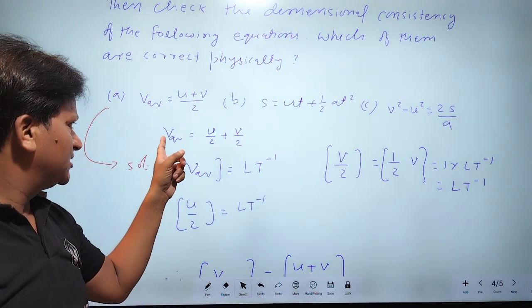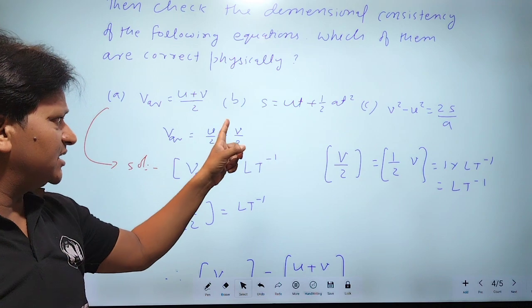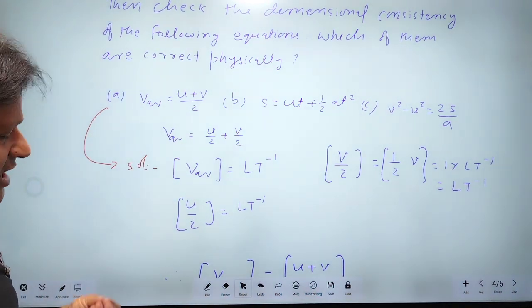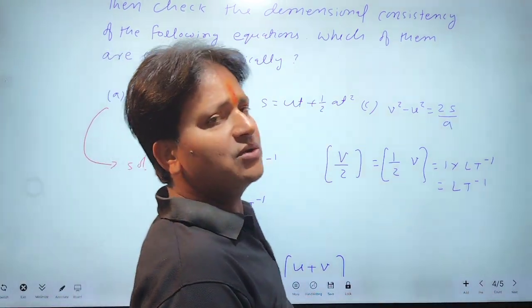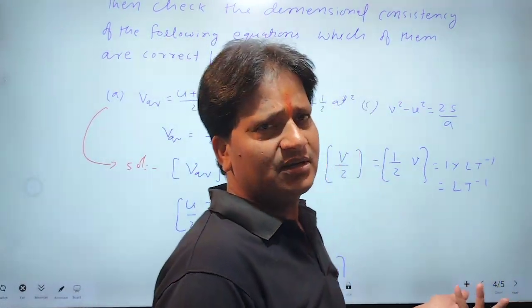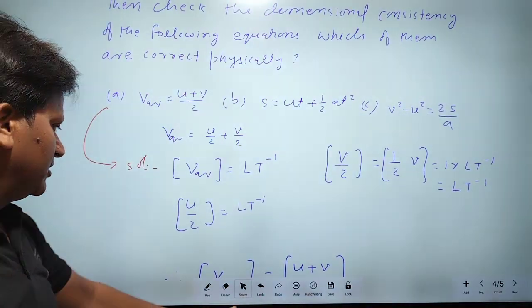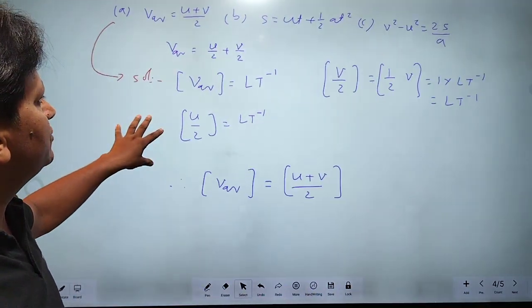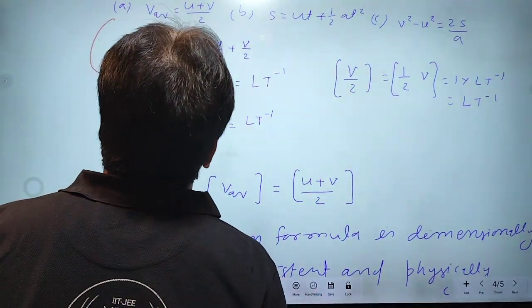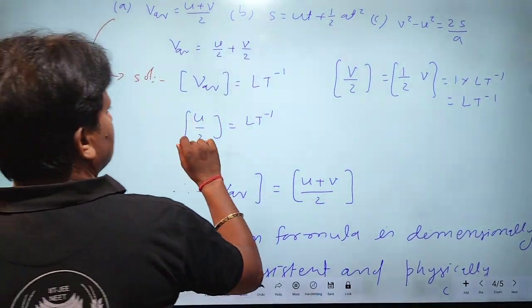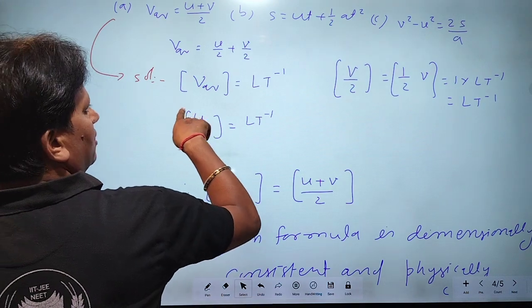This is the first term, this is the second term, and this is the third term. If each term has the same dimension, then the formula will be dimensionally consistent. First of all, I am going to check whether each term has the same dimension or not.